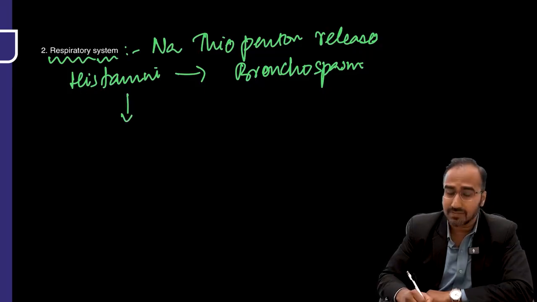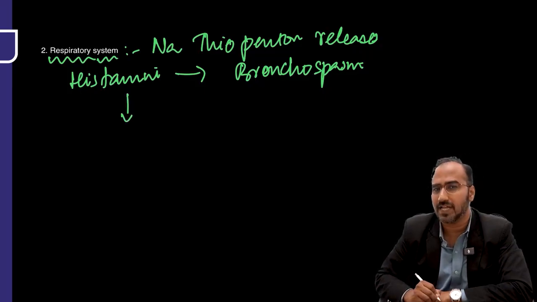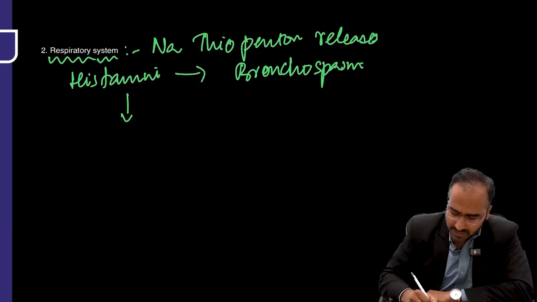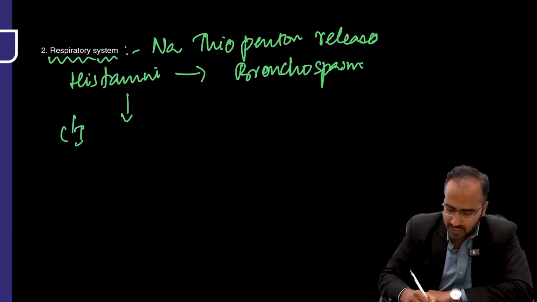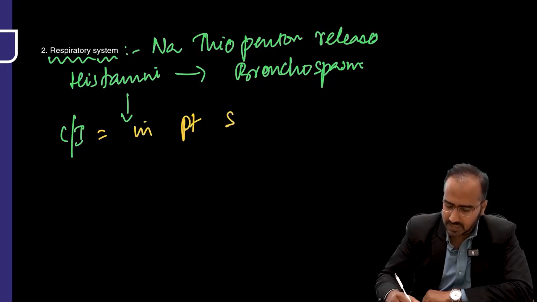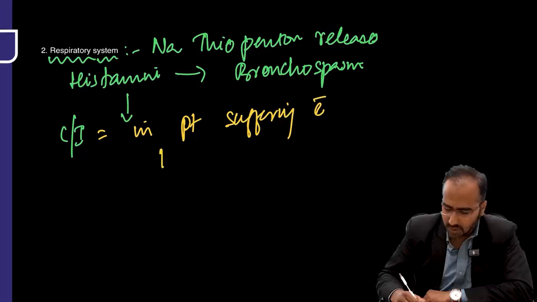Hence, can you give sodium thiopentone in a patient who is suffering with asthma? Due to this reason, it can't be given. So, sodium thiopentone is contraindicated in patients suffering with bronchial asthma.